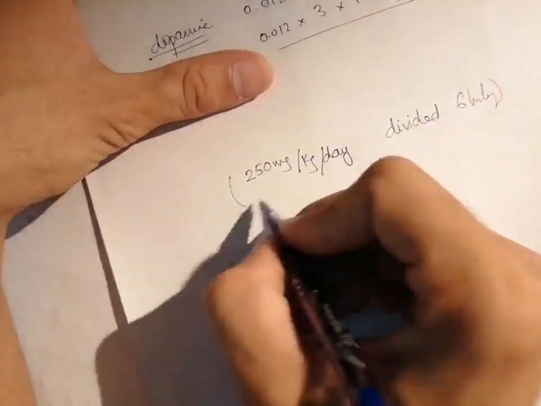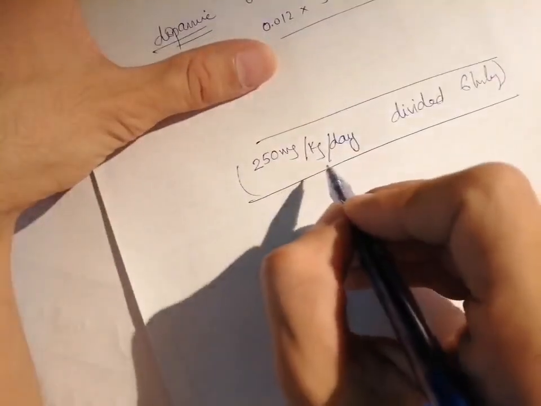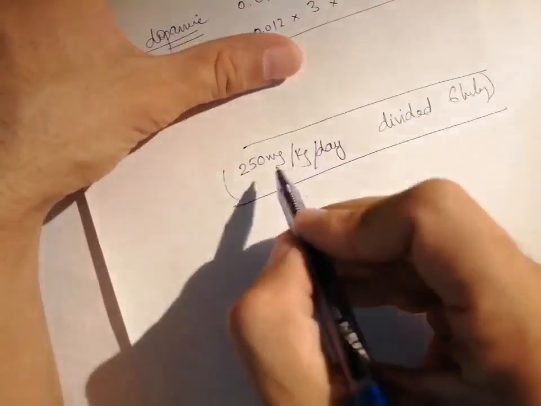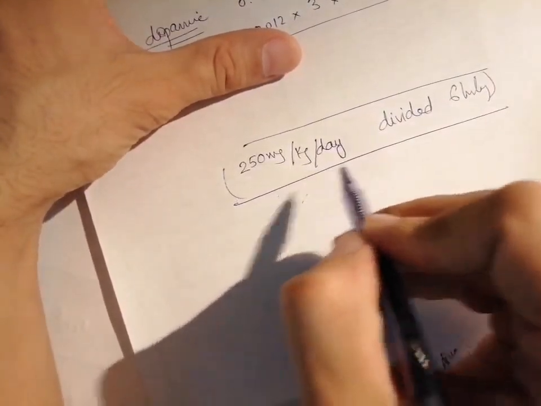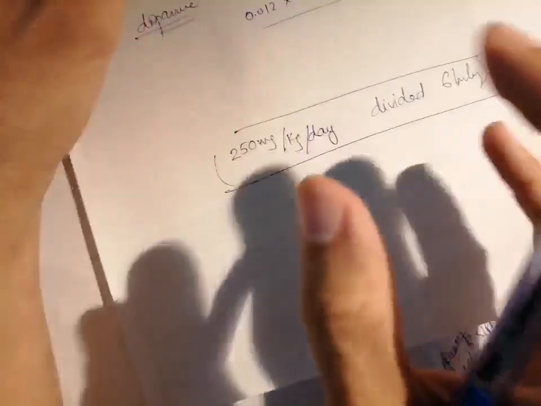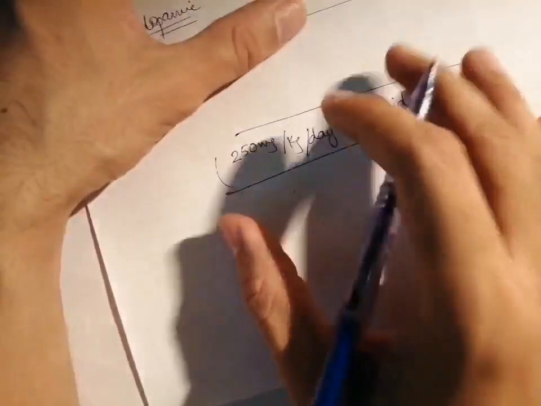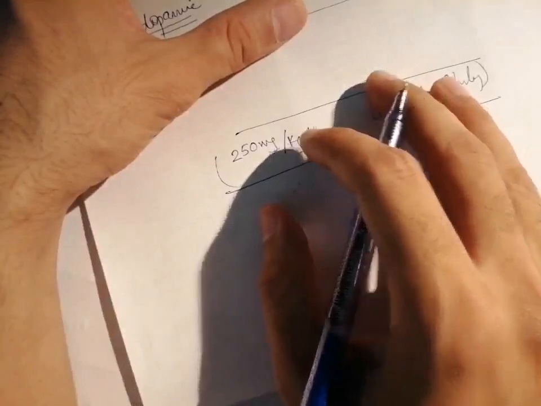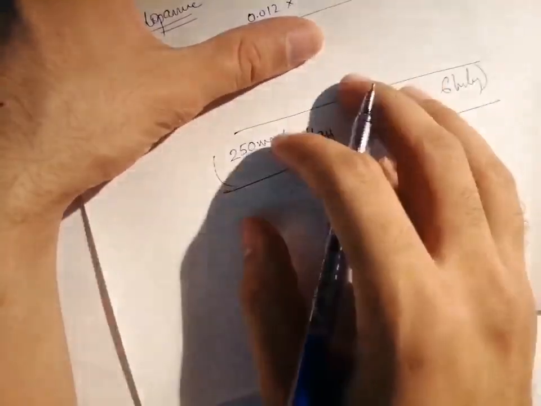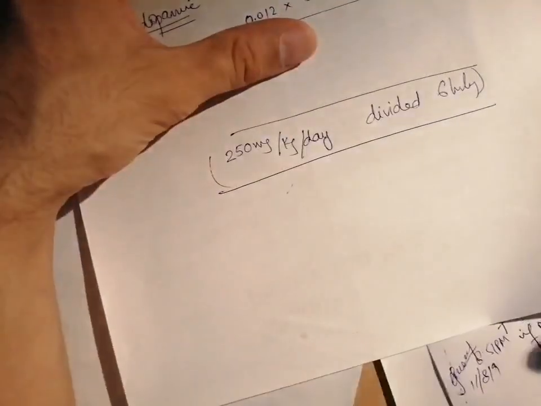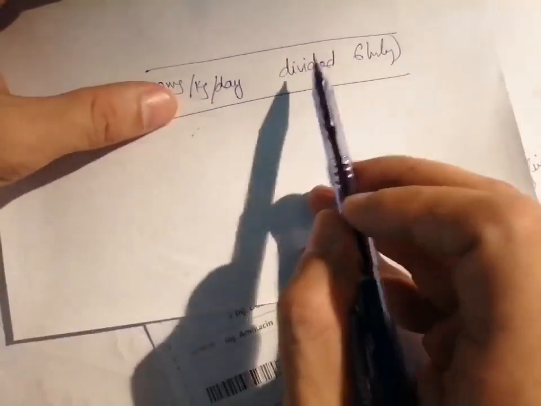And I wish to convey to you that we will have another video about the best sources to check for drug doses in both pediatric and adult age groups, and in that video we will discuss the best software available for free and the best websites or online resources which can help us groom our knowledge and hence achieve better patient outcomes. So the consultant says to start cefotaxime at 250 milligram per kg per day divided 6 hourly.